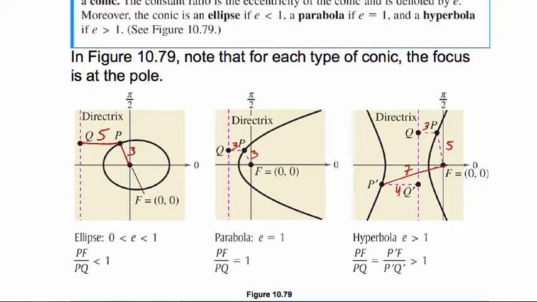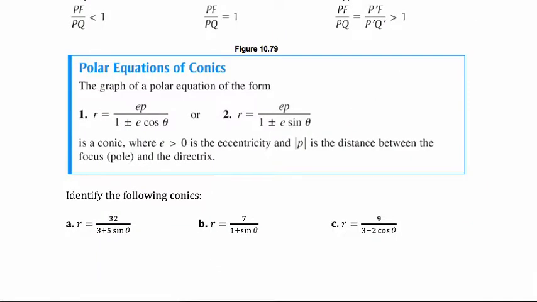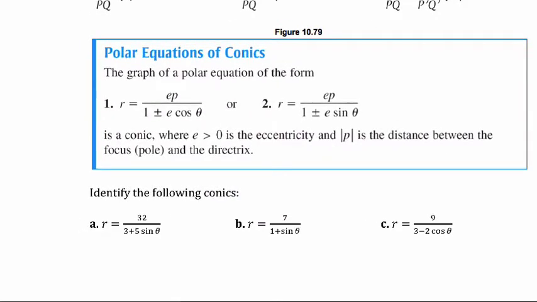So with that in mind, we've got a couple of equations, and we're going to use these to identify what type of conic the equation is going to give us, whether it's going to be an ellipse, a parabola, or a hyperbola. The graph of a polar equation of these forms are conics.